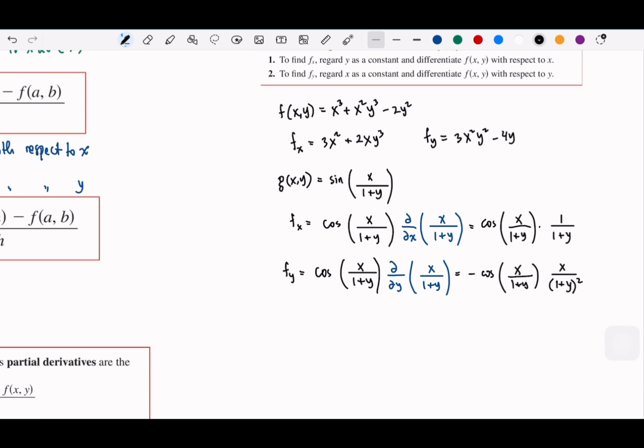Let me give you another function. Let's say we have not f, maybe h. Suppose that we have x and then e, and then we have x squared y as a power.